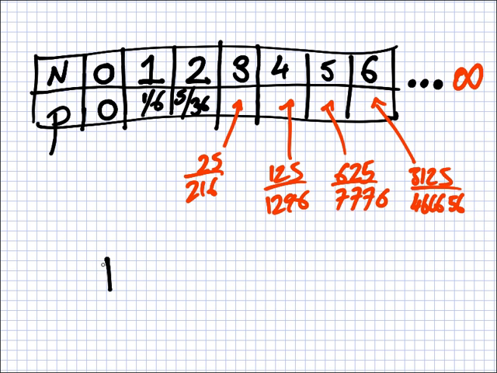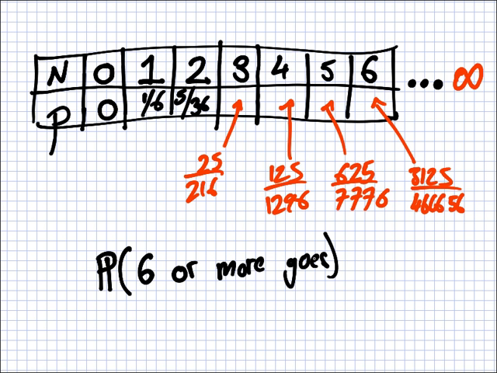I want you to tell me what's the probability it'll take you 6 or more goes. Now there's 2 ways to calculate this. Obviously you don't do infinite calculations here.